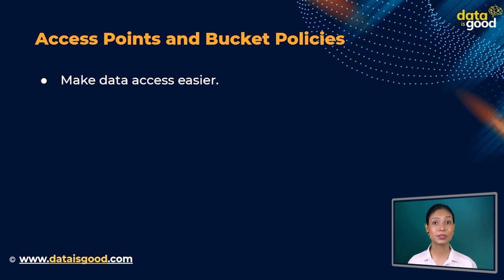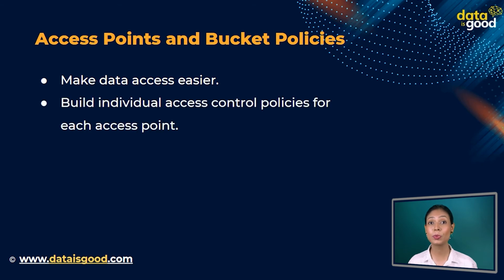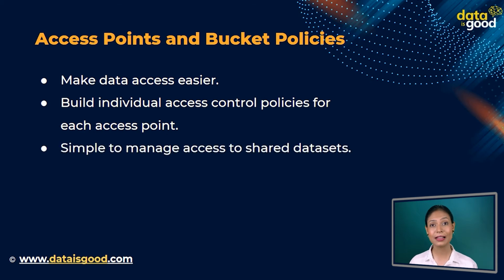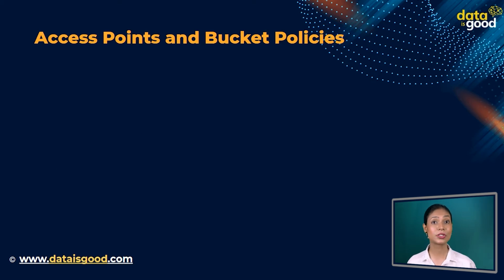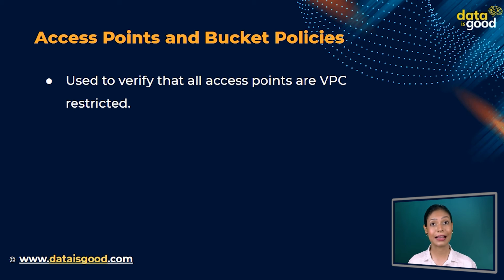Customers can use S3 access points to build individual access control policies for each access point, making it simple to manage access to shared data sets. To firewall S3 data access within customers' private networks, any access point can be restricted to a virtual private cloud or VPC. AWS service control policies can also be used to verify that all access points are VPC restricted.